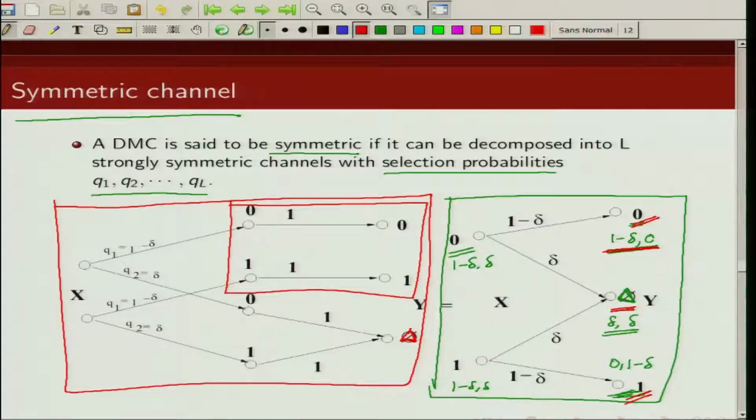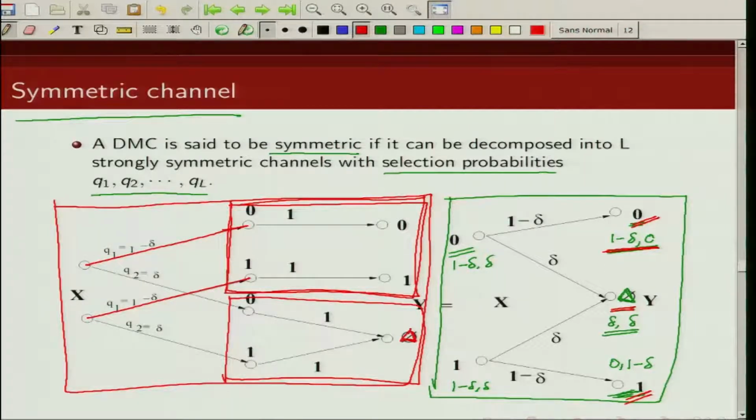So I am decomposing this channel into two channels. With probability Q1, I am going to select this channel, let us call it channel 1, and with probability Q2, I am going to select this channel 2.